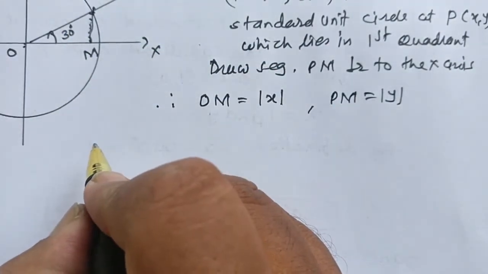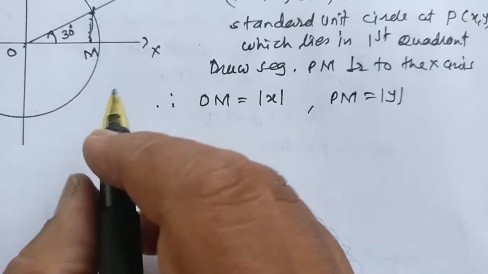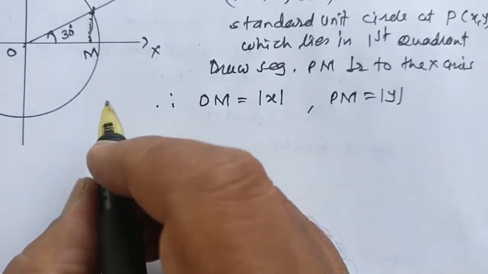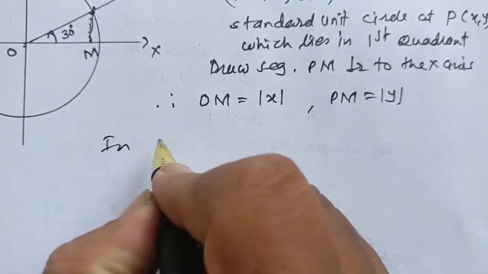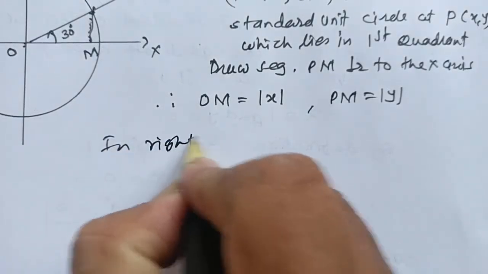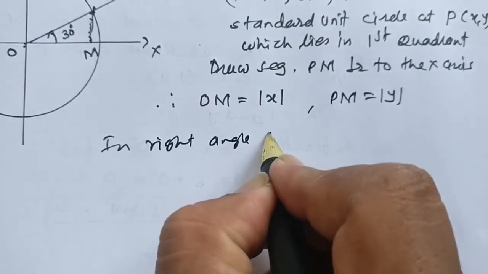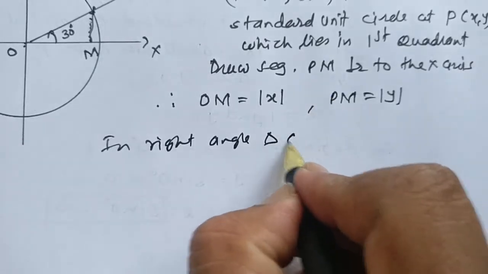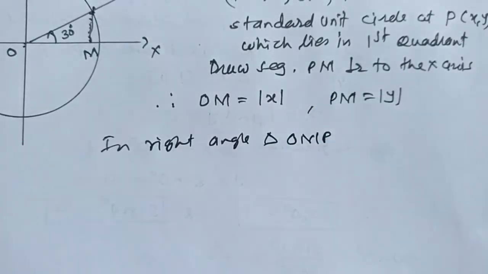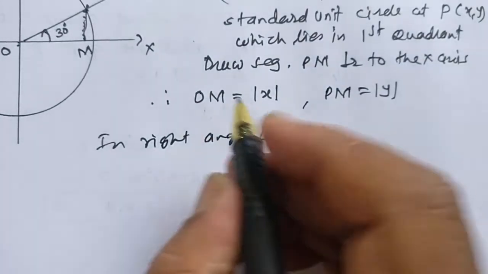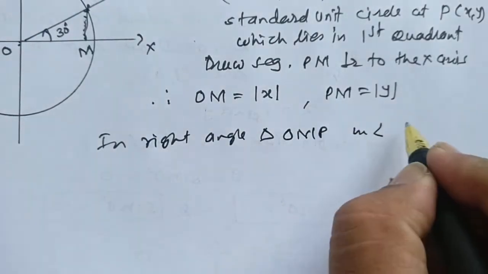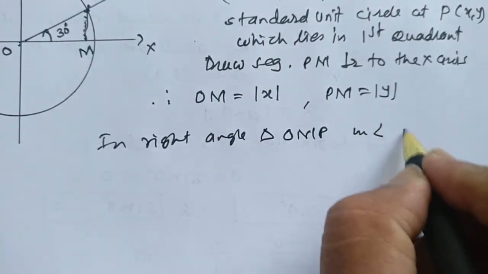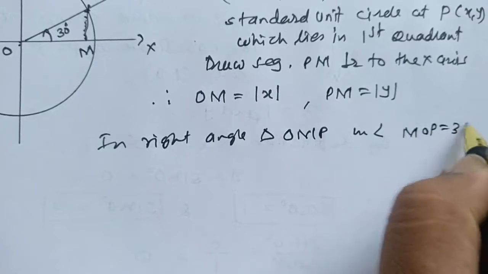Therefore, in right angle triangle OMP, measure of angle MOP is 30 degree.